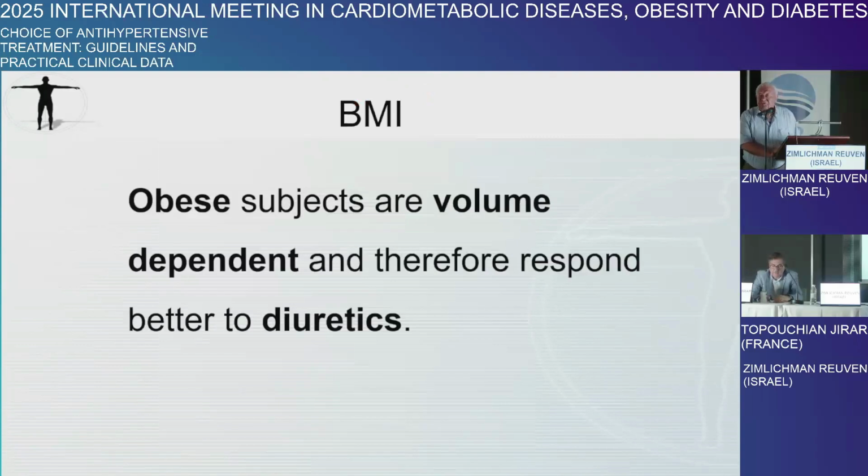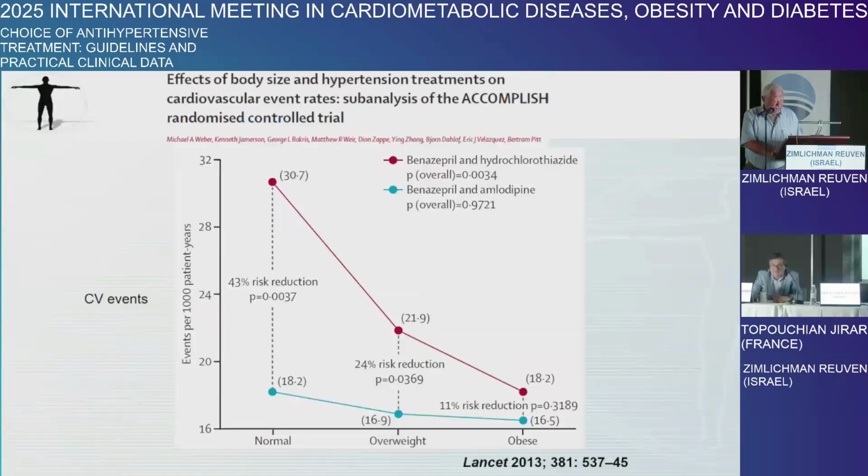BMI, we had a beautiful lecture by Vasilios about obese patients, and obese subjects are volume dependent and therefore respond better to diuretics. They are hypervolemic and should be treated. Here is a comparison of a combination of benazepril, an ACE inhibitor, and hydrochlorothiazide versus benazepril and amlodipine, looking at cardiovascular events.